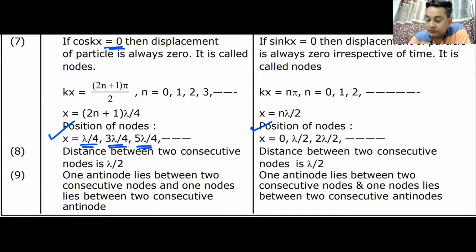Whereas on the right hand side, it becomes 0, lambda by 2, 2 lambda by 2. So basically what has happened is the position of node and antinode have interchanged. On the left hand side, what was the position of antinode has been taken by the position of node on the right hand side. Do we understand this?